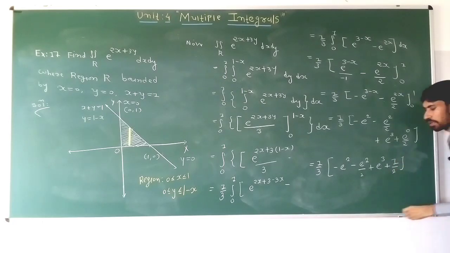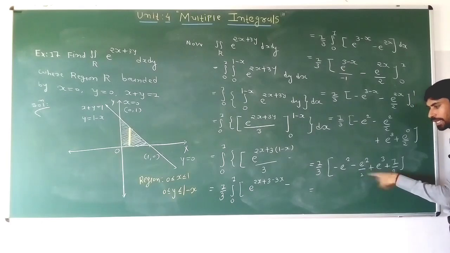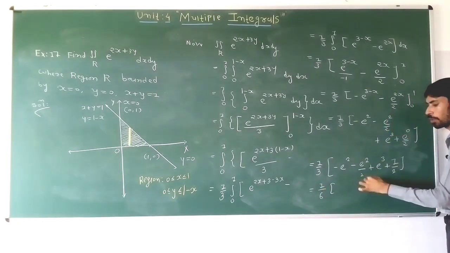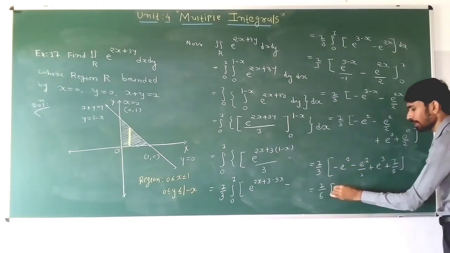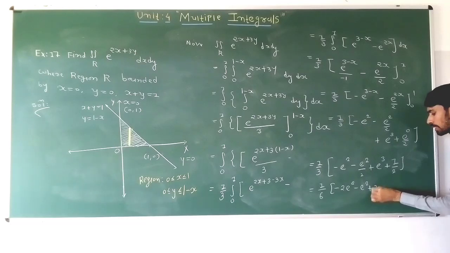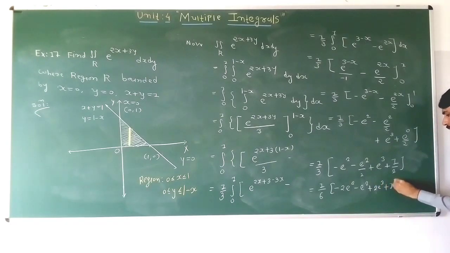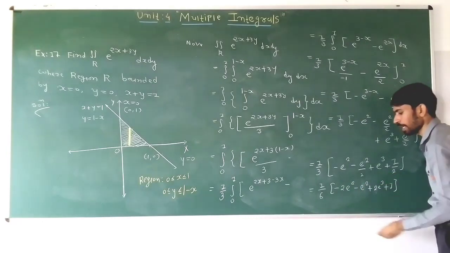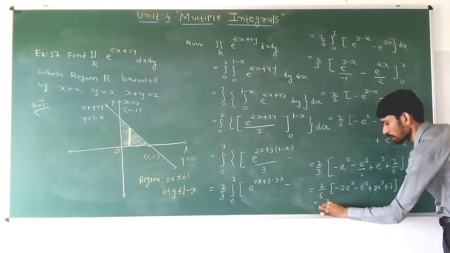Now just rearrange these terms. Now take 2 as an LCM and take it outside. So 1 upon 6. Friends, we take 1 upon 2 common from all the terms. So here we multiply: minus 2 e square minus e square plus 2 e cube plus 1. So minus 2 e square minus e square becomes minus 3 e square. So we write our next step. Final step is 1 upon 6.